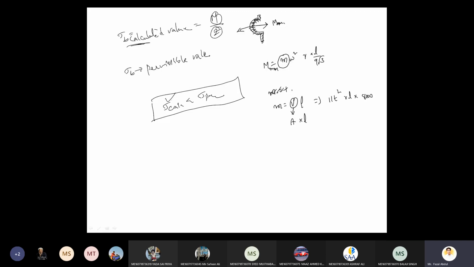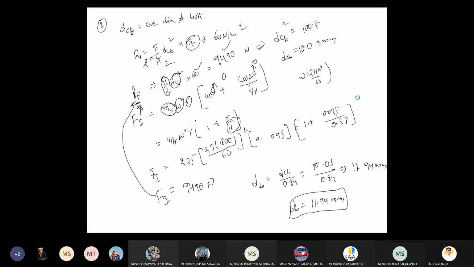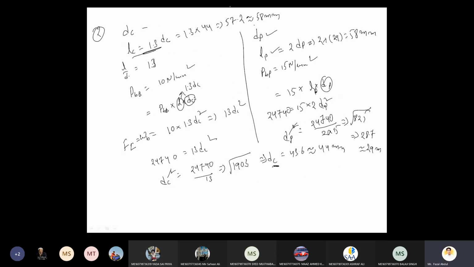And L also I think we calculated the L value. It is L. So here we calculated the L value. Length of the crank pin, nothing but length of the big end of the connecting rod.